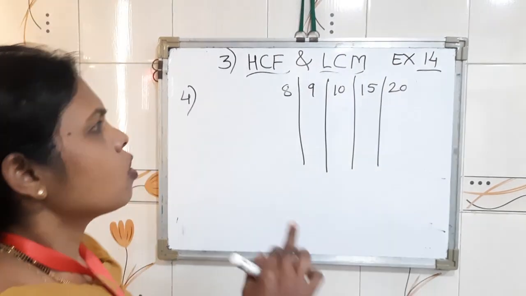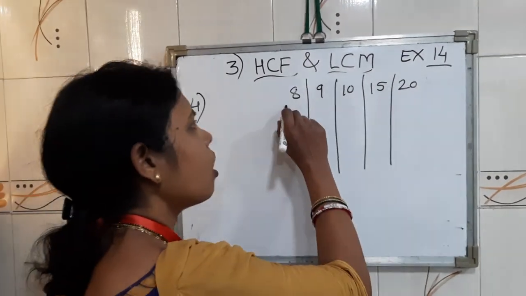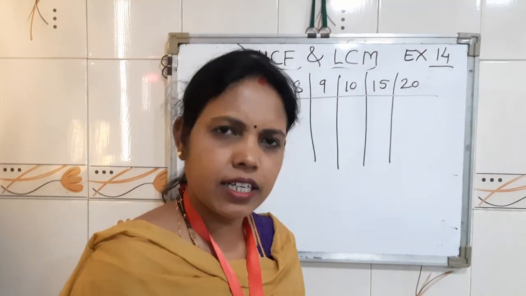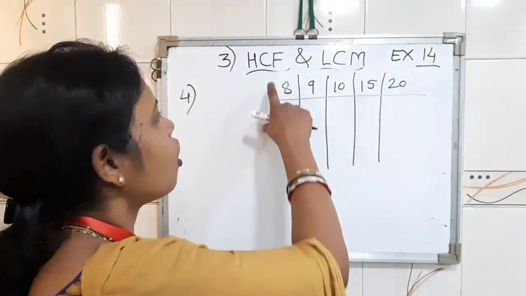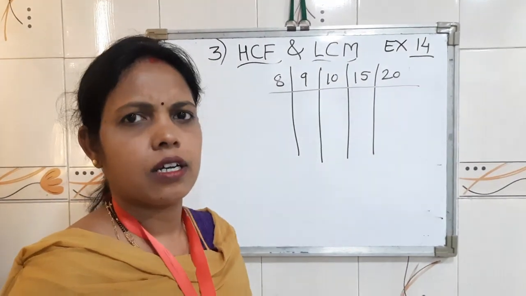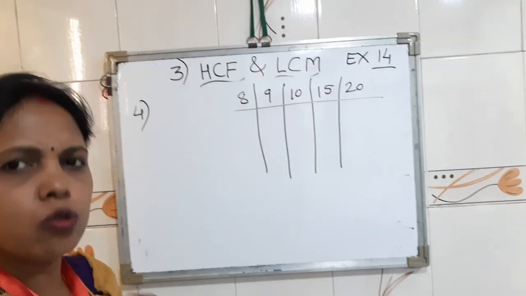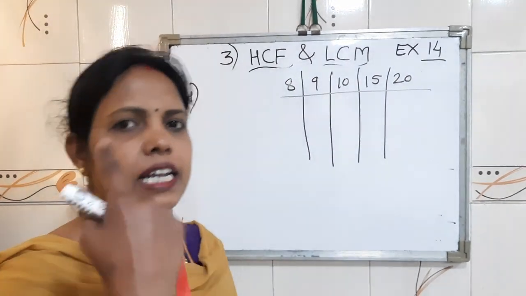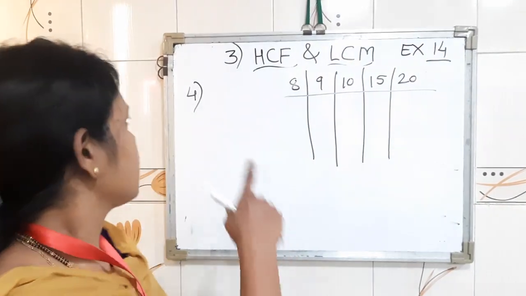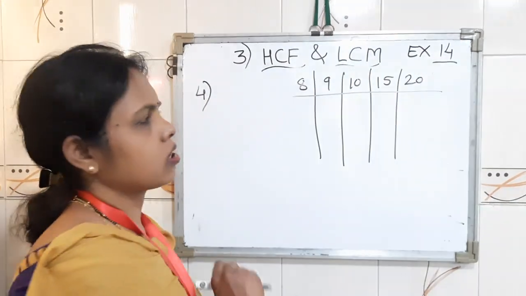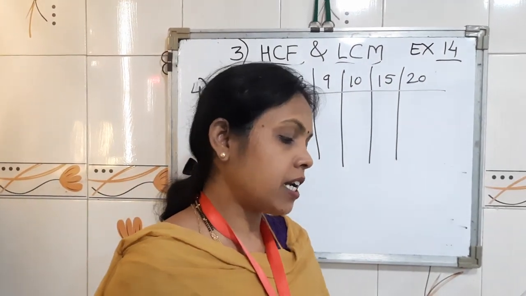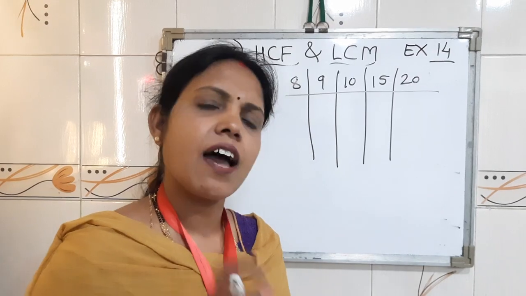So children, what will we do? Solve all this. Find out the factors for all these numbers. If you are unable to solve this same sum, we will solve it in the next class. That is question number 4, because it is given remainder of 5 every time.